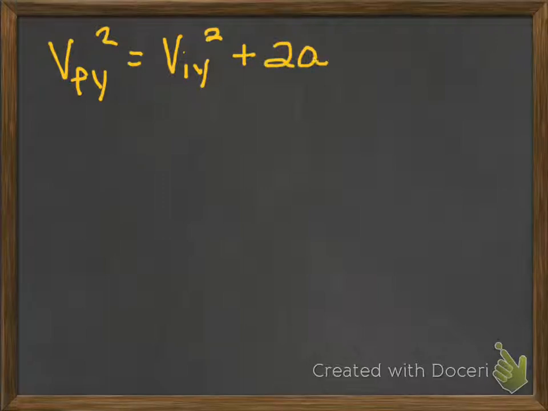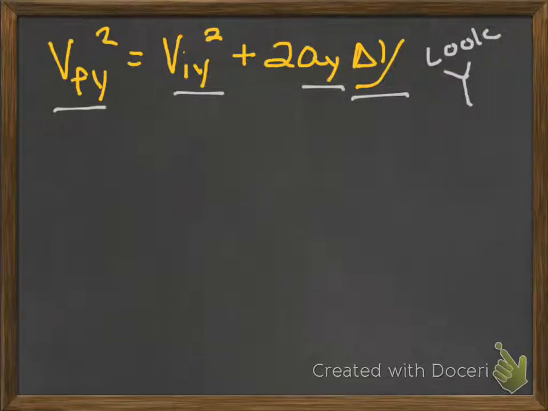So now let's write down our equation. Notice that everything is now in terms of y. Y, y, y. We're only looking in the y direction. You have to keep the x and the y separate.